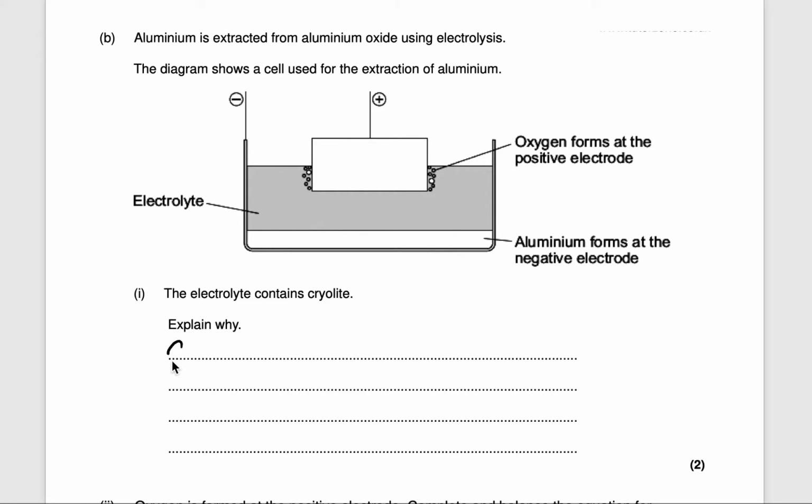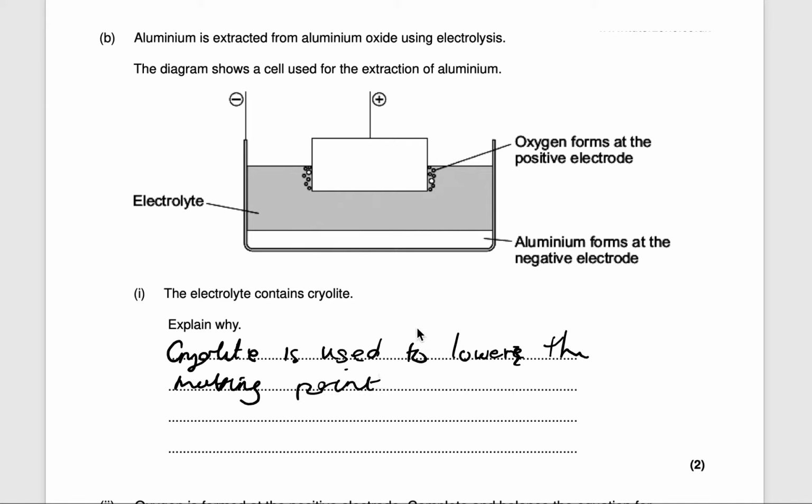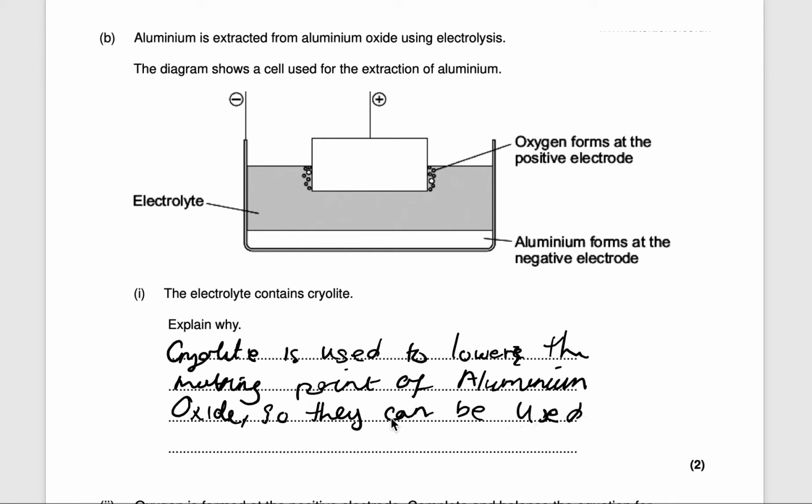Now, cryolite is used to lower the melting point of aluminium oxide, so it can be extracted. Okay, and that would get you 2 marks.